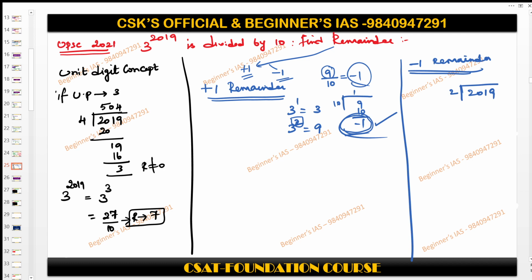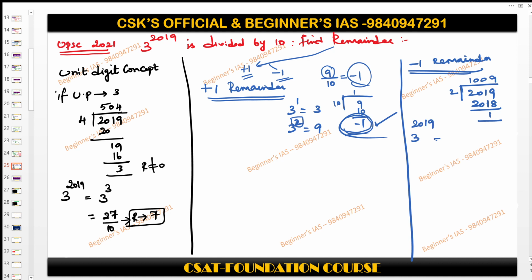So in this case, 2018 divided by 2 gives 1009, therefore the remainder here is 1. Now listen, after knowing that 3 power 2 gives you minus 1, you have to split that power.